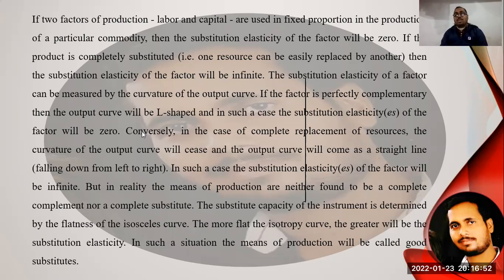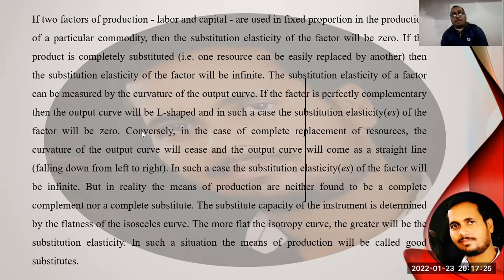Conversely, students, in the case of complete replacement of the resources, the curvature of the output curve will cease and the output curve will be a straight line falling from left to right. In such a case, the substitution elasticity of the factors will be infinite, but in reality the means of production are neither found to be completely complementary nor completely substitutable.